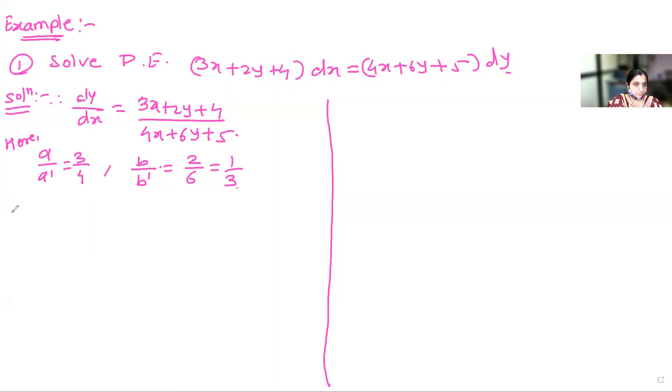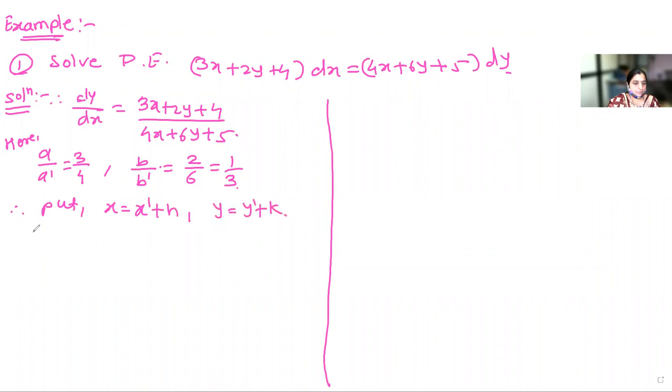Okay, so therefore put x is equal to x dash plus h, y is equal to y dash plus k.